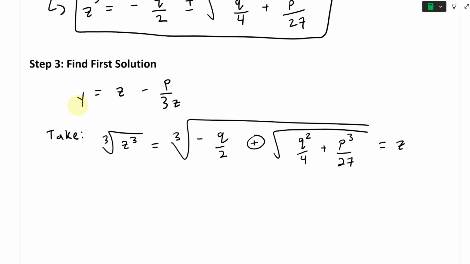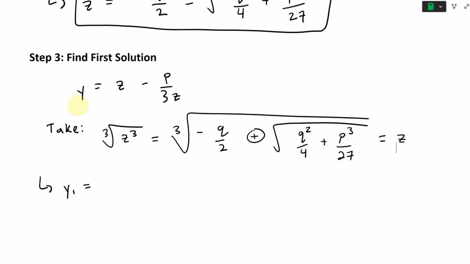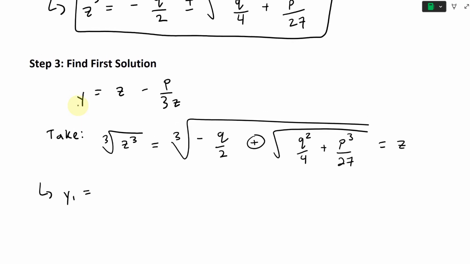So plug this in. Let's get our first solution. I'll call this y1. So this is going to be our z like that. Now we're going to plug in the z. That's just this whole big giant thing. So y1 equals that, the first solution. I'll try to compact this because we're going to need this twice.